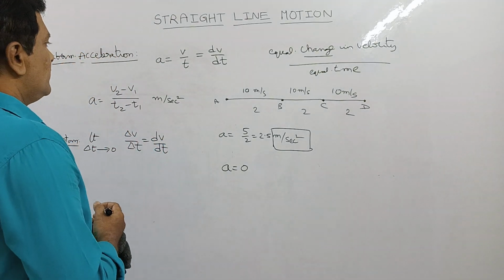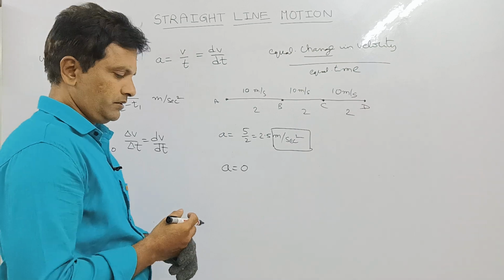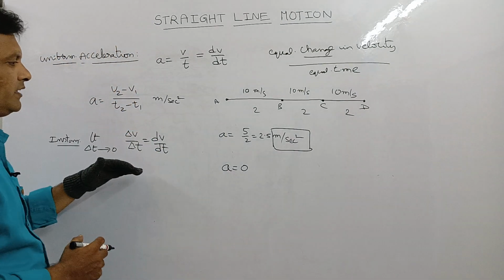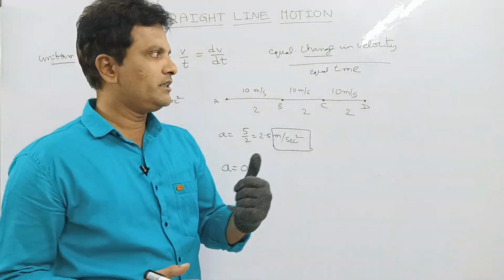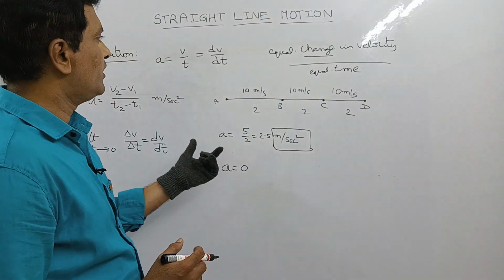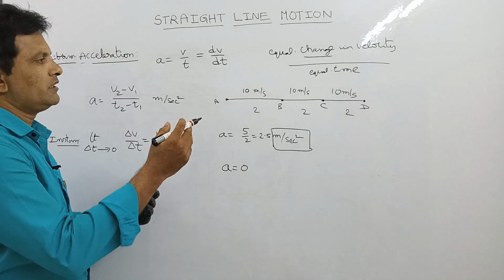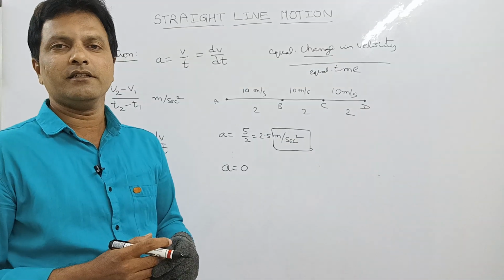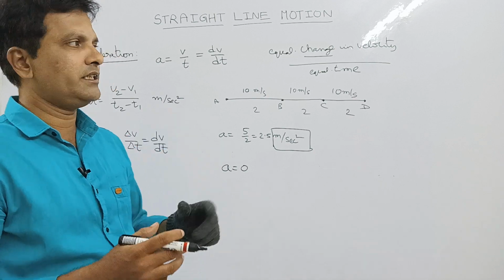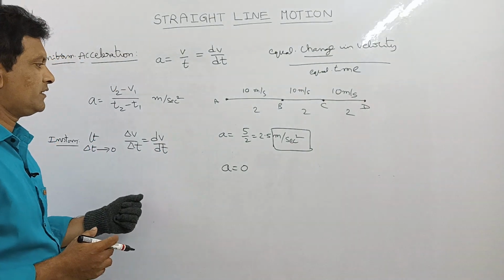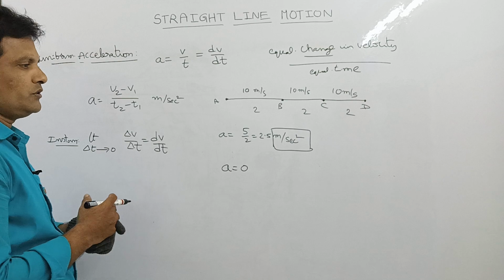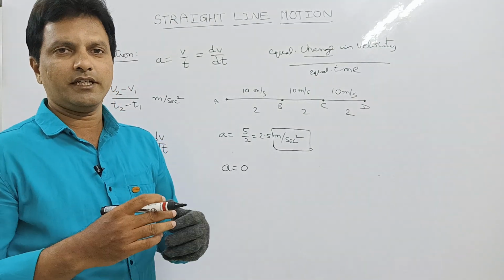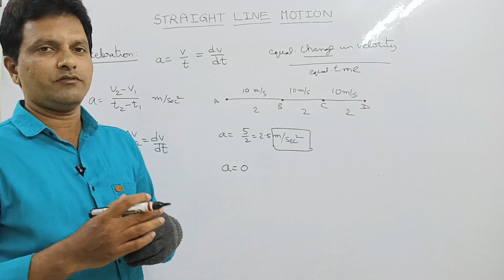Okay. So this concept is about velocity and acceleration, and these formulas and the concepts we have discussed up to now: speed, average speed, velocity, average velocity, distance, displacement, acceleration, are all used to calculate the values in a motion, in a one dimensional straight line motion of an object.